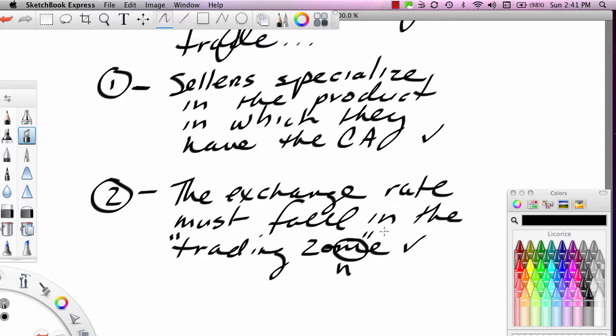And then once we have the buyers and sellers assigned, you'll have a trading zone for each product. In this case we talked about the tomato example, and the exchange rate must fall within that trading zone. If those two conditions are met, then you're going to have conditions readily available for mutually advantageous trade. In other words, when two producers trade along these lines, they will both walk away from the deal benefiting.